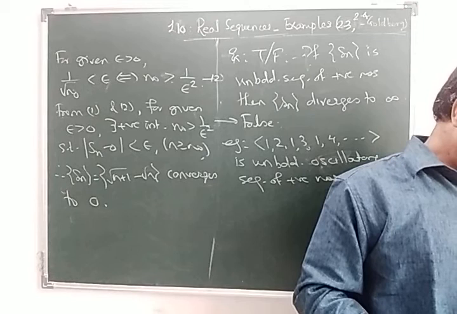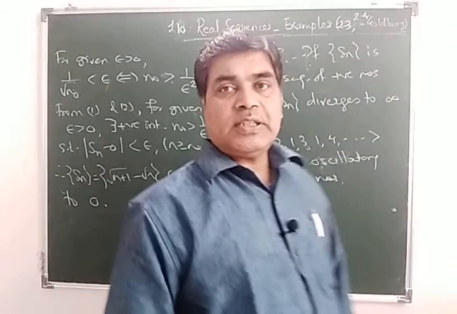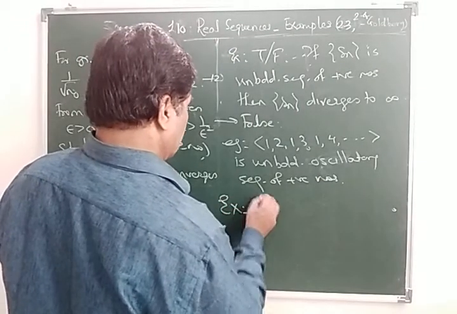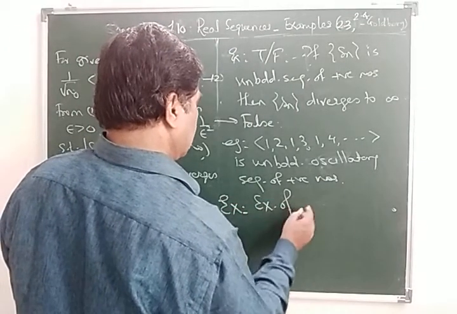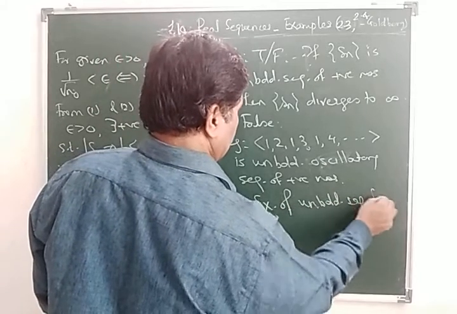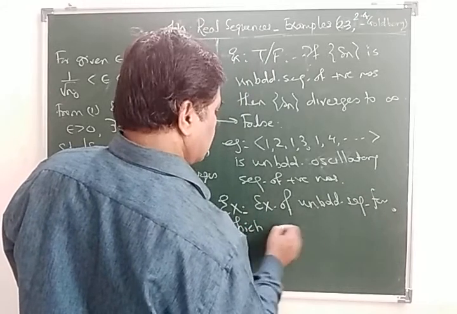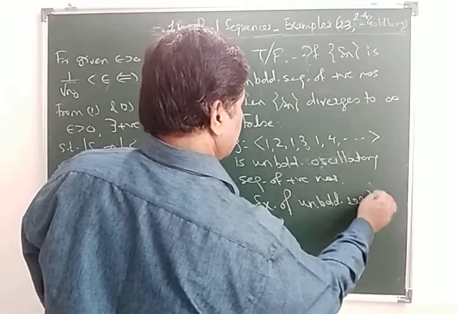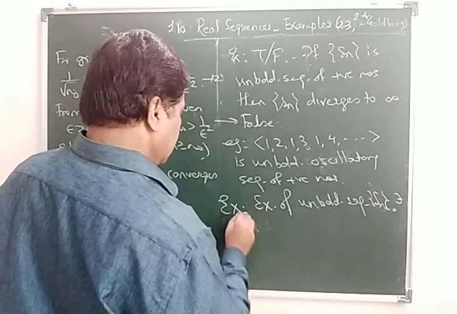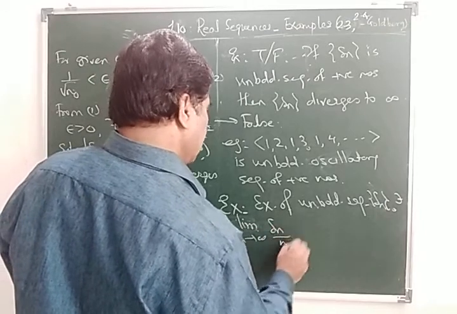So that's why our statement is false. Next one: give an example of an unbounded sequence for which the limit of Sn upon n is 0.